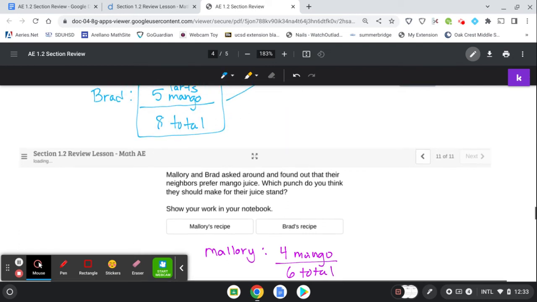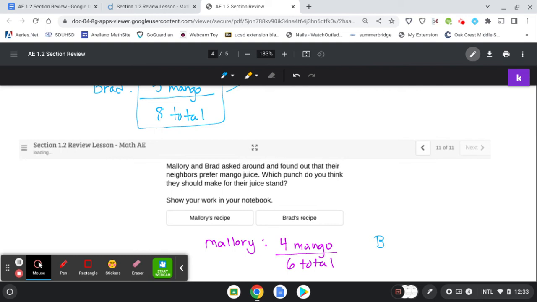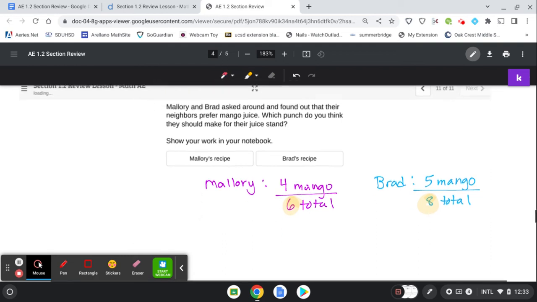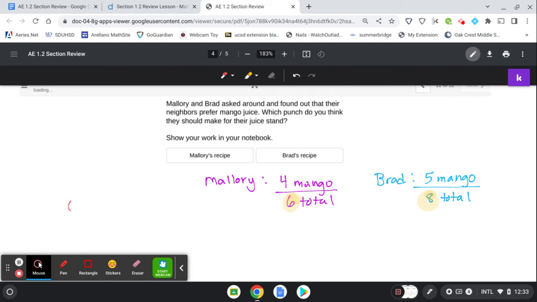And then Brad had 5 mango to 8 total parts. So you want to find the least common multiple of 6 and 8 so that you can compare the total parts. So the least common multiple of 6 and 8.